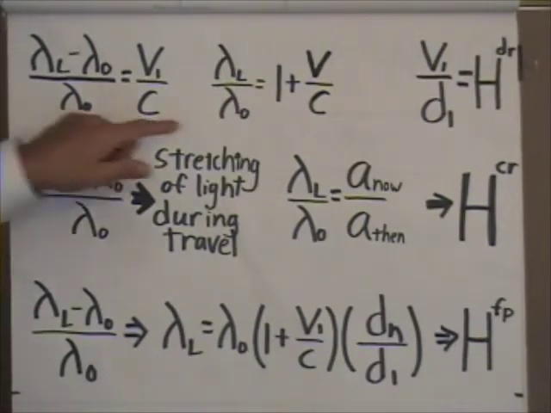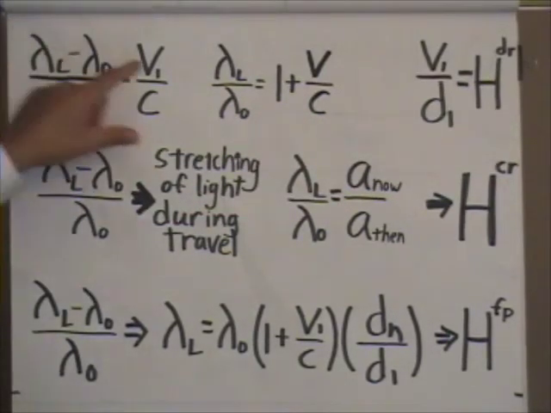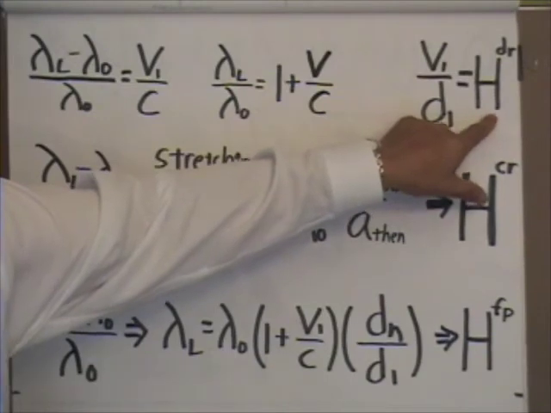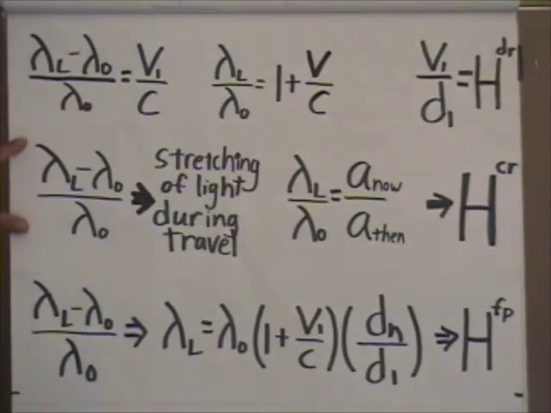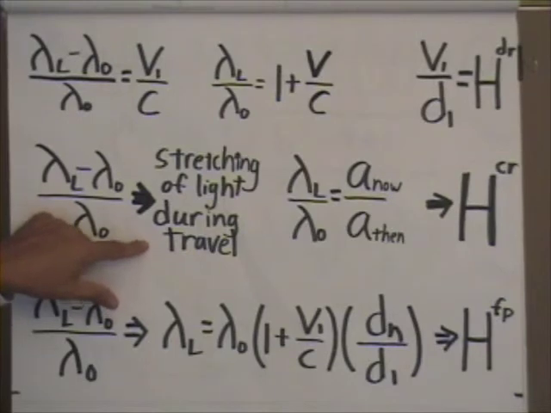If it turns out that the Doppler redshift formula gives the best predicted values for H, then that would mean that there is no cosmological redshift and there is no stretching of light during travel, even though space is expanding.